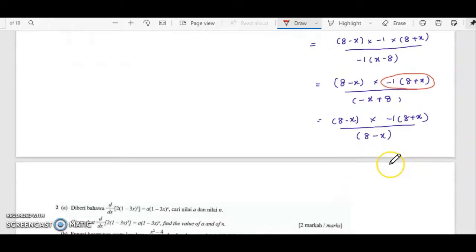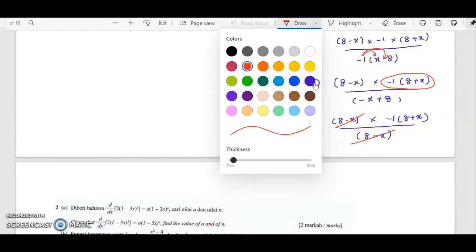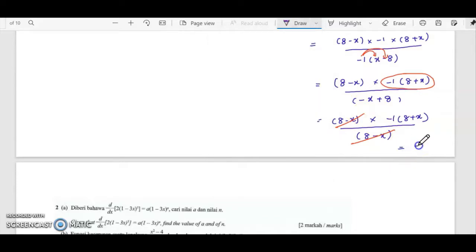Okay, so negative x plus 8, so means that is equal to 8 minus x. So maknanya kat atas dengan bawah ni dah ada yang part sama. So kita boleh potong kat situ. So kat sini final answer dia akan jadi negative 1, 8 plus x.